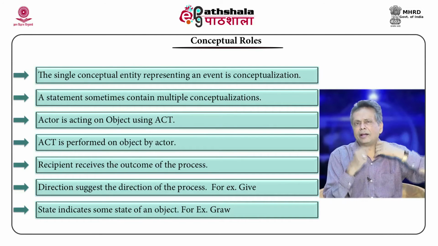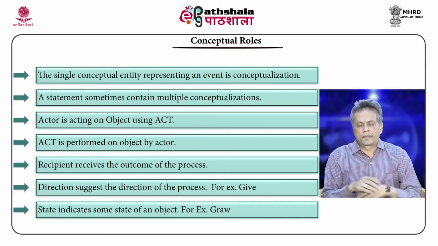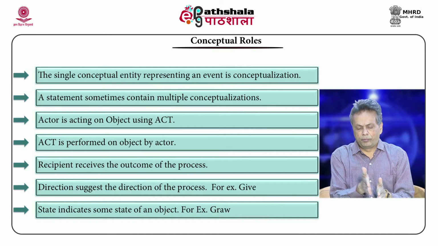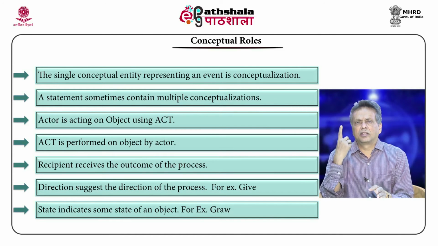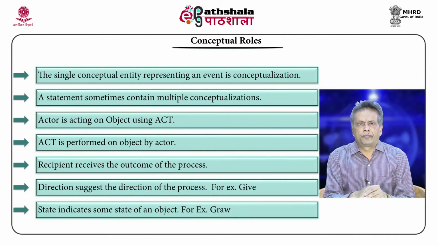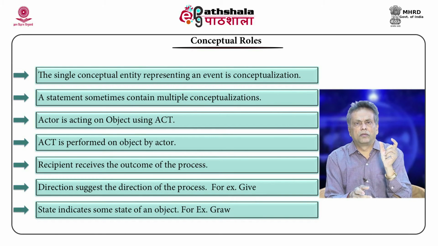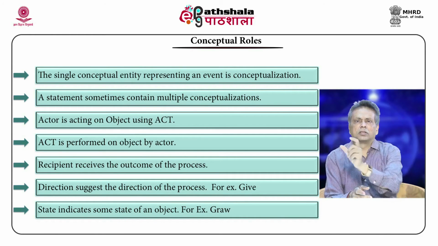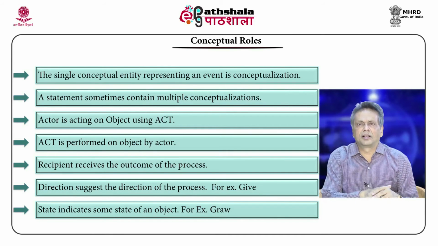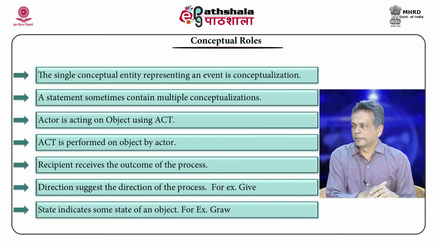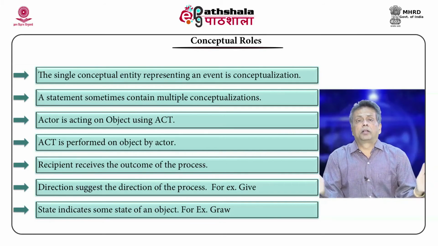A single conceptual entity represents the event. For example, when I say Milkha Singh PTRANS, it is called a single conceptualization. When we talked about predicate logic, we used a structure and we called that thing a predicate. Here we call that thing a conceptualization, and in fact, a single statement might require multiple conceptualizations.